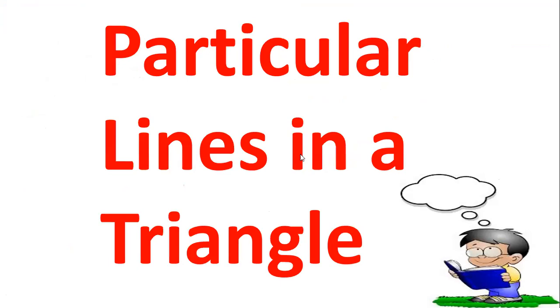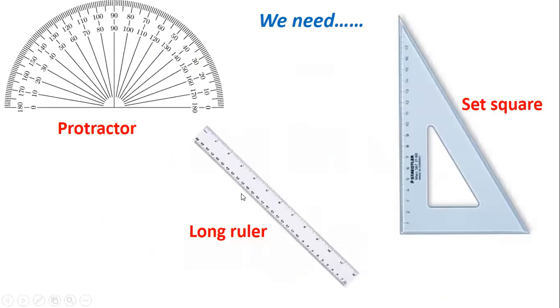In any triangle, I can draw many lines. In this lesson, I will teach you how we draw 4 important lines. The first line I will teach you in this session will be coming in the next slide.